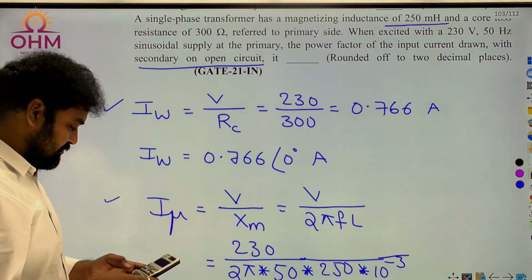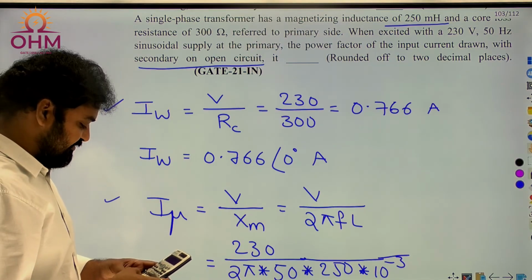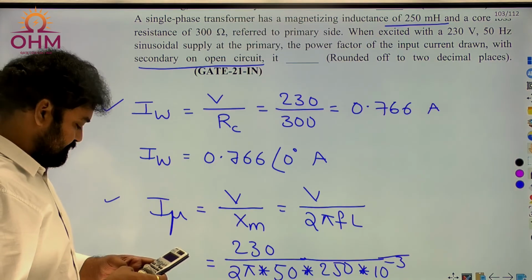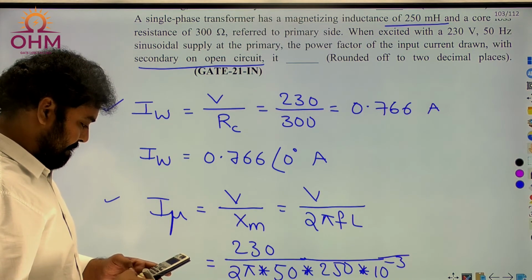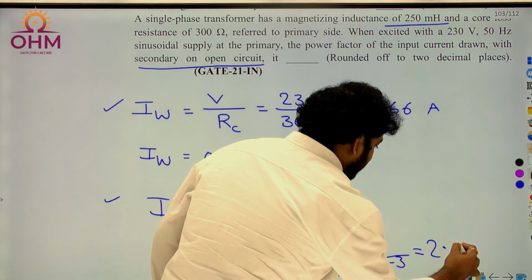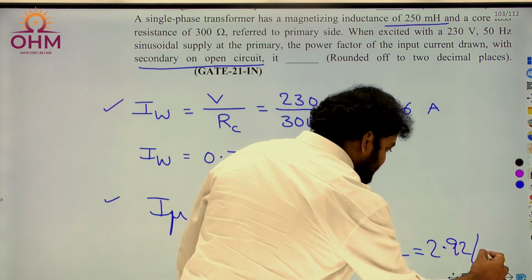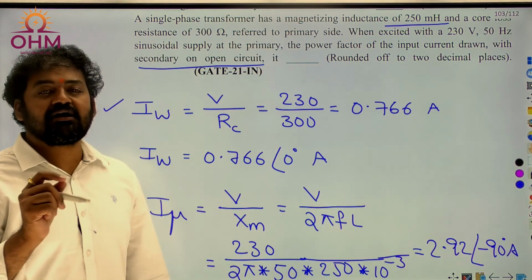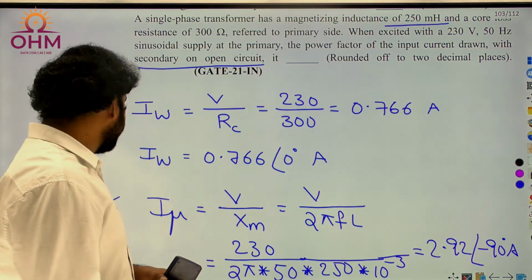So if I solve it, 2 pi into 50 into 250 into 0.001, I am getting 2.92 amperes. Magnetizing current is 2.92 amperes, but I have to write it at an angle minus 90 degrees, because magnetizing current is a purely reactive component lagging the voltage by 90 degrees.